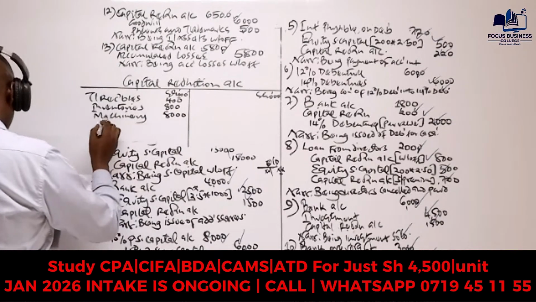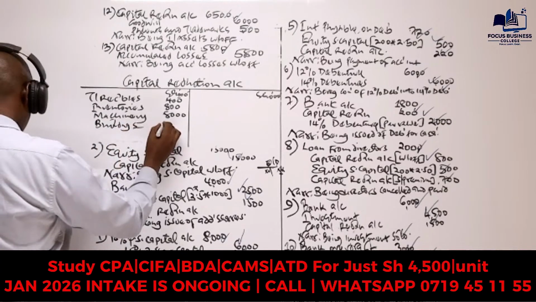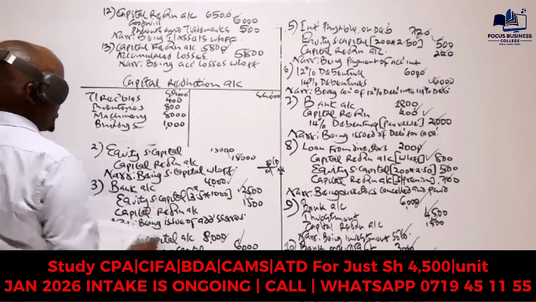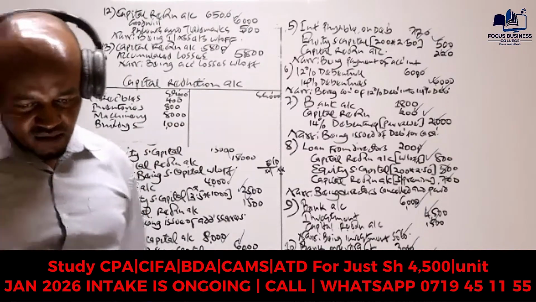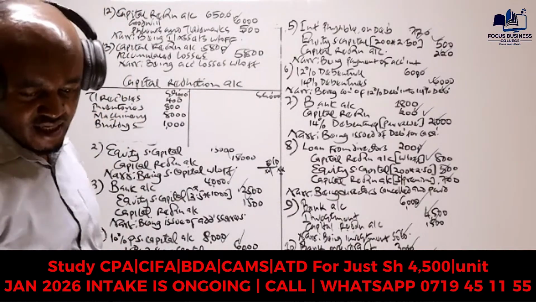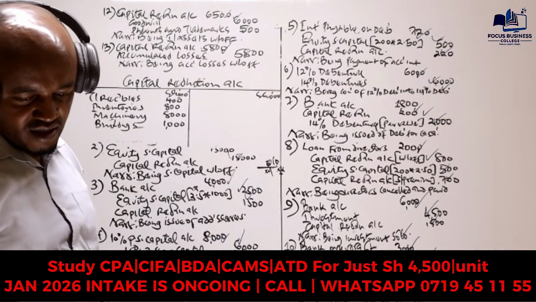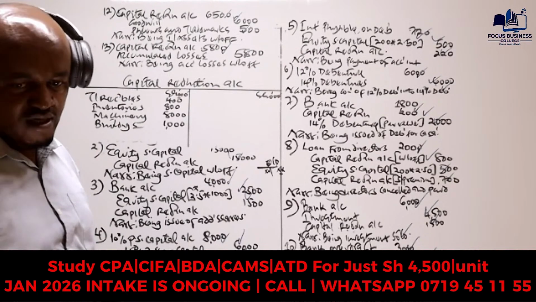And the other entry is in the buildings account with an amount of 1,000. Those particular amounts are debited in this account and then credited in the respective accounts.